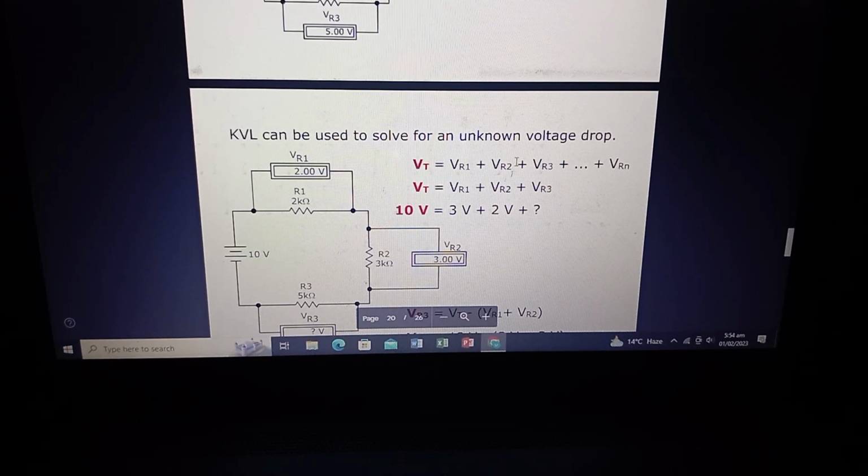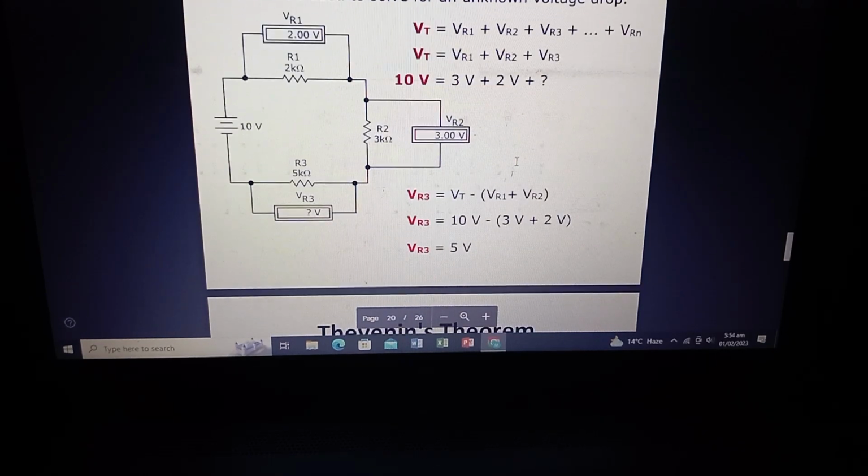KVL can be used to solve for an unknown voltage drop. Here we have an example where we have applied 10 volt, and there are three resistors in series, and we know the voltages across two resistors, and we have to find the voltage across the third one.